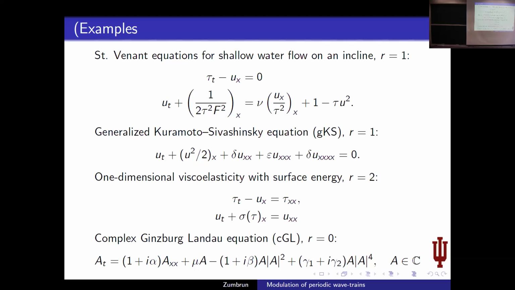So if you take epsilon equals 0 here and delta equals 1, you have Kuramoto-Sivashinsky. If you take delta equals 0 and epsilon equals 1, you have KdV. And all sorts of things in between can happen. These are all relevant to thin film flows on different inclines. You could think of the KdV limit as flat, Kuramoto-Sivashinsky as vertical, and in between you have different angles.